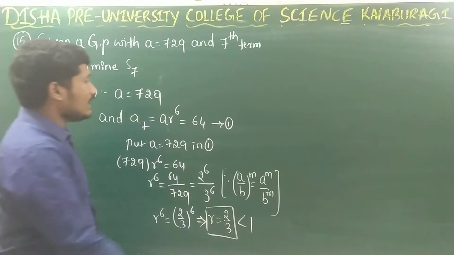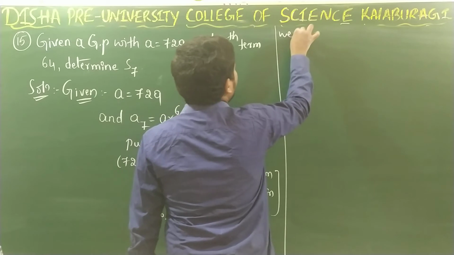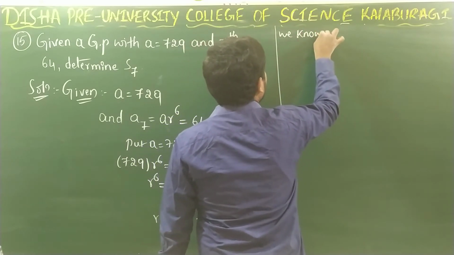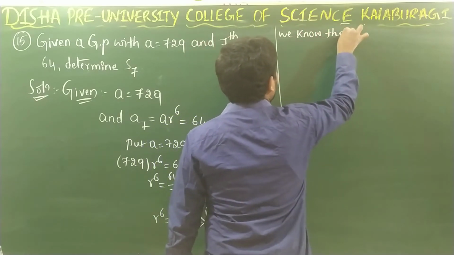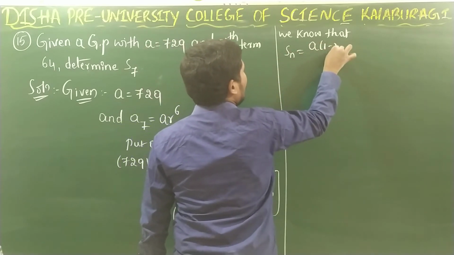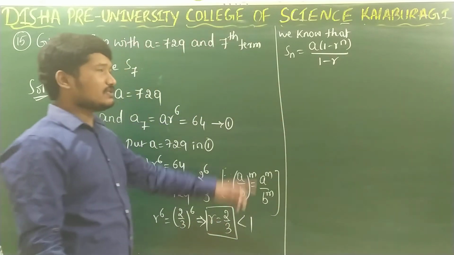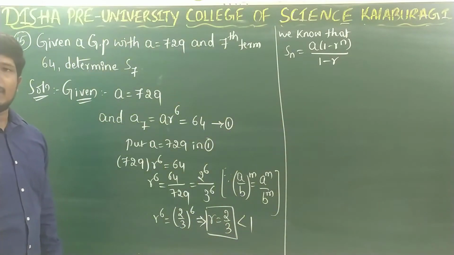Now, when r is less than 1, we know that Sn is equal to a into 1 minus r power n divided by 1 minus r. This is the formula we use, right?